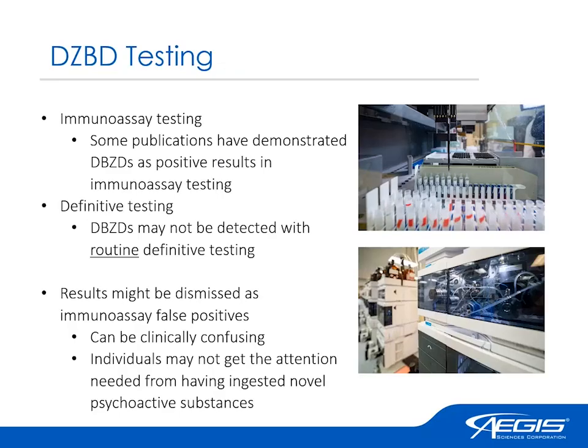When these samples are sent for confirmatory testing to a lab that only performs routine testing, the designer benzodiazepines may not be detected. These clinically confusing results could easily be dismissed as an immunoassay false positive, and the individuals may not get the attention needed from having ingested novel psychoactive substances.